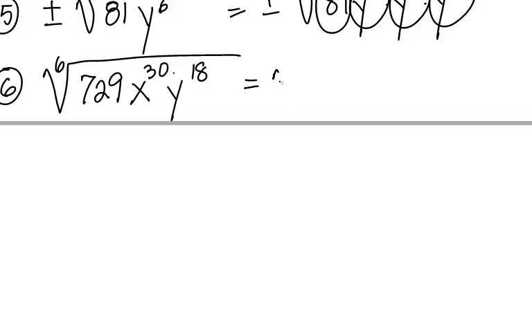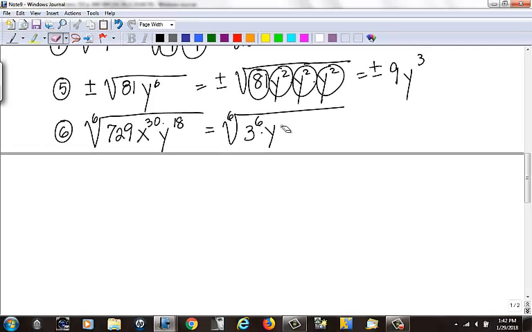So we could write that as the 6th root of 3 to the 6th, and then for the 30th we can go x to the, sorry. Oh, sorry, that's my fault.